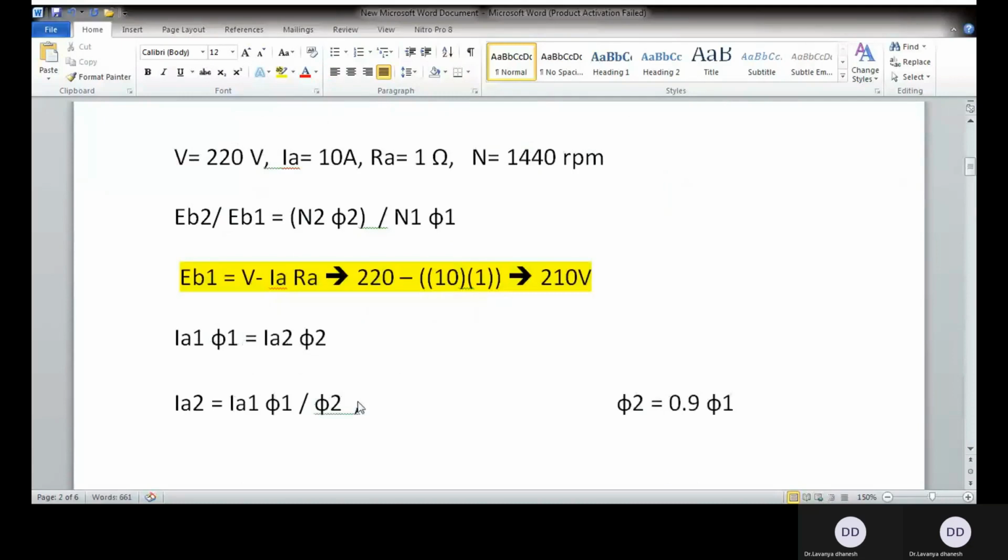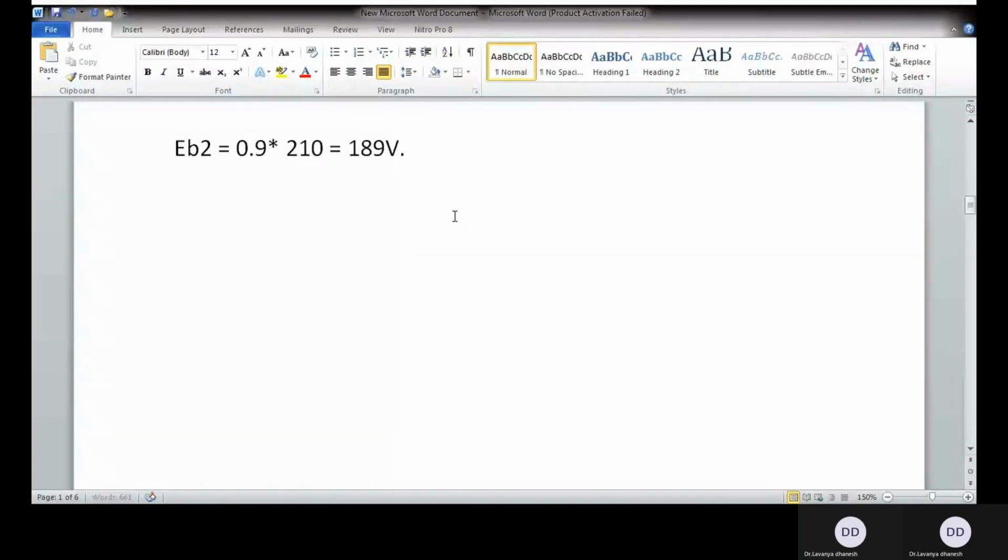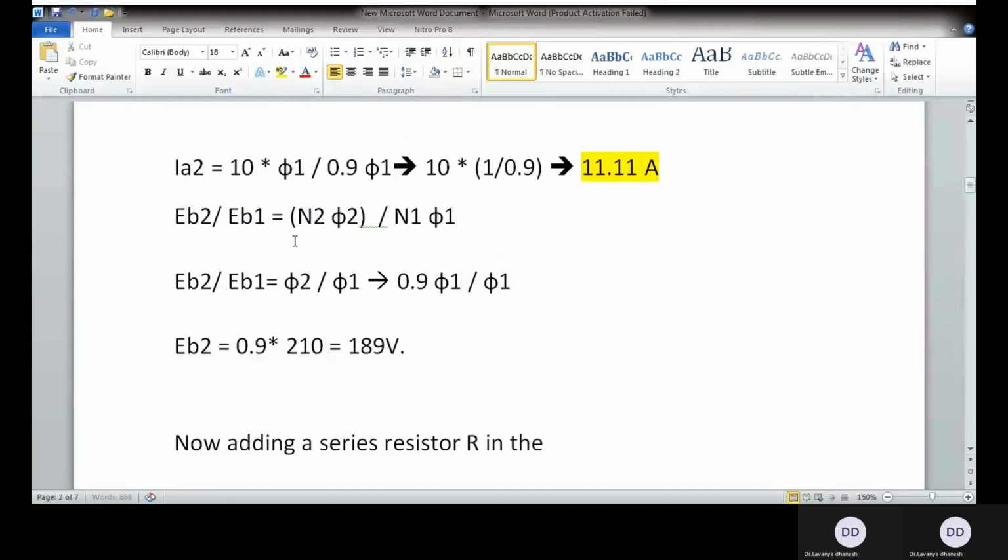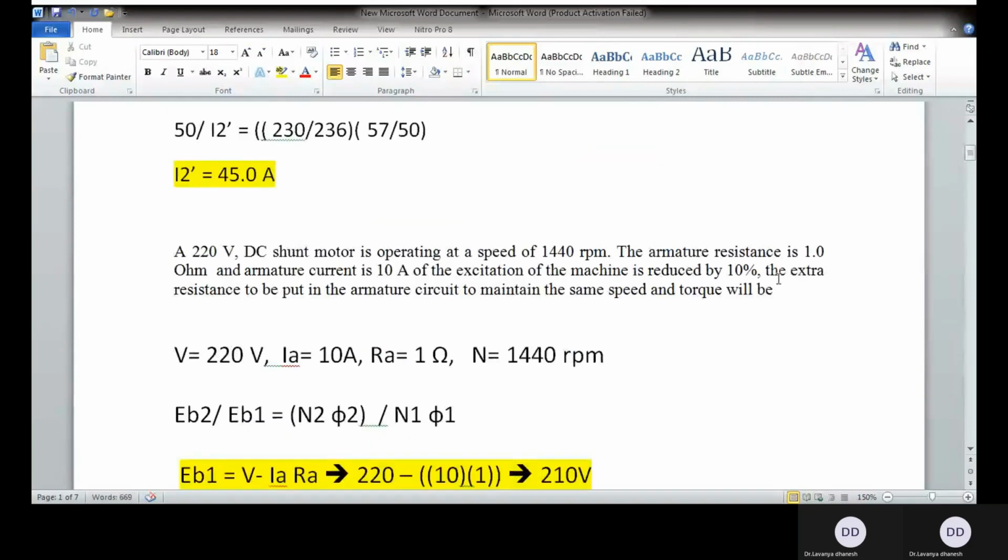So adding a series resistor, any name, no problem, in the armature resistor.